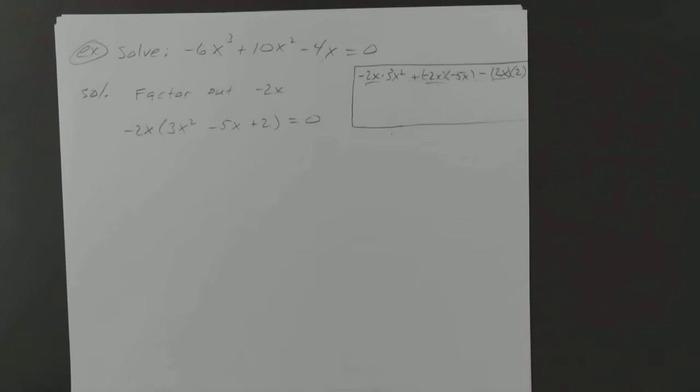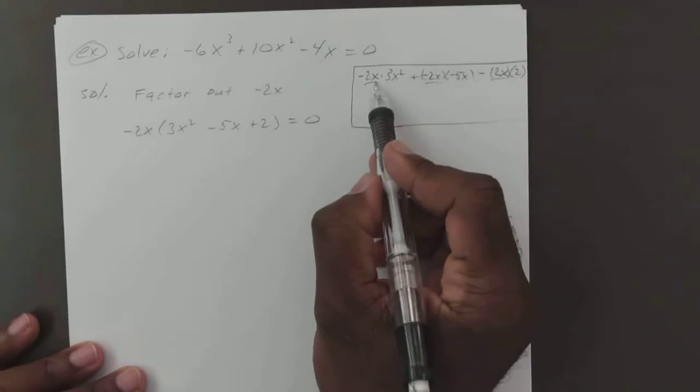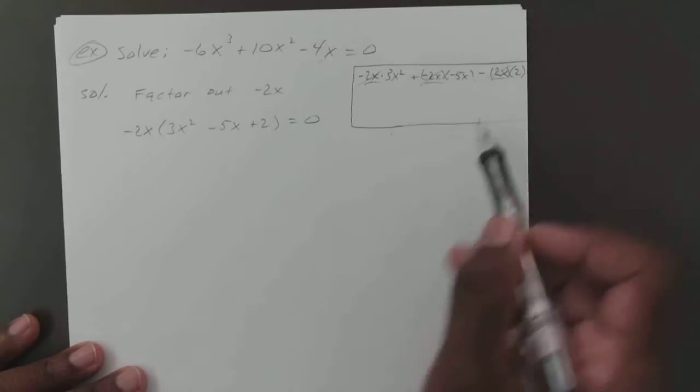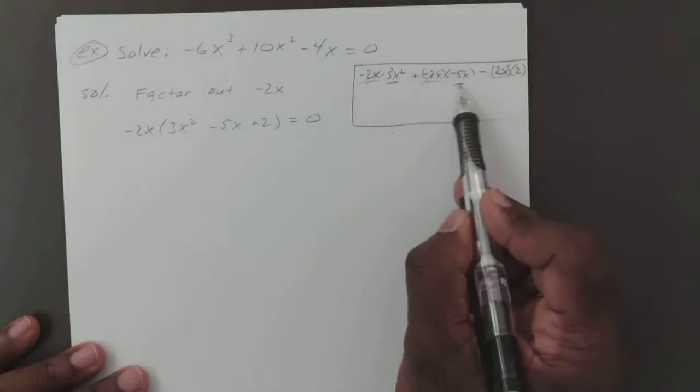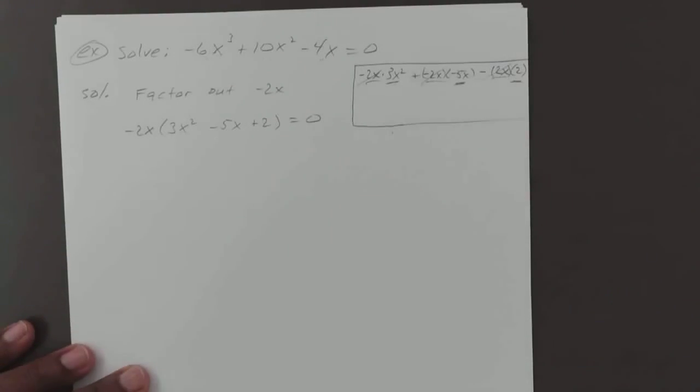All right, does that make sense? Okay, so once we factor out our negative 2x, we just end up with what's left here.